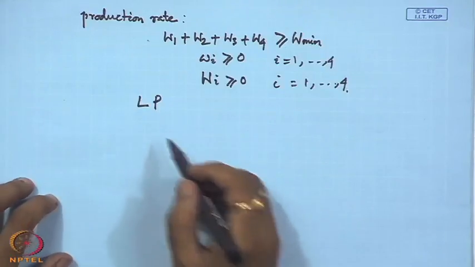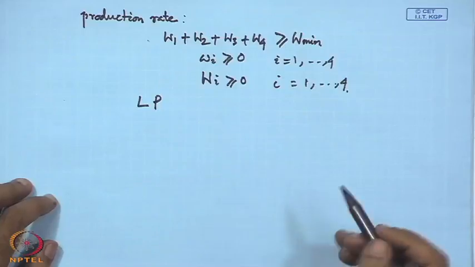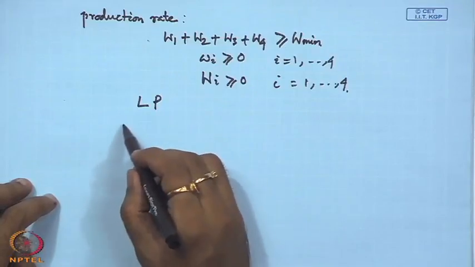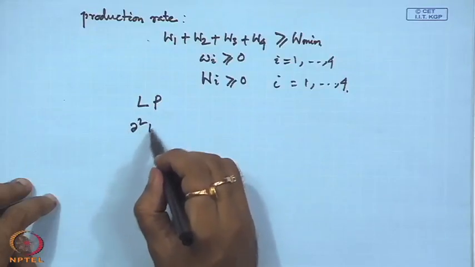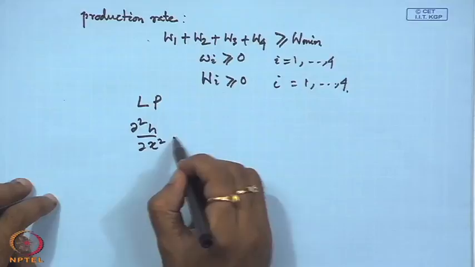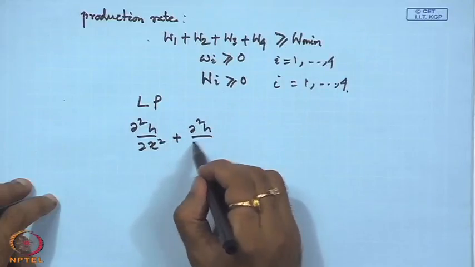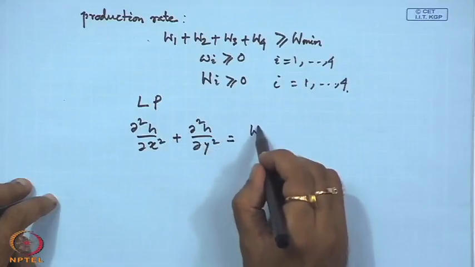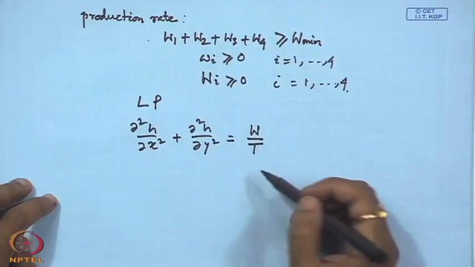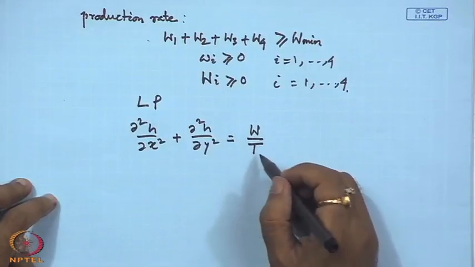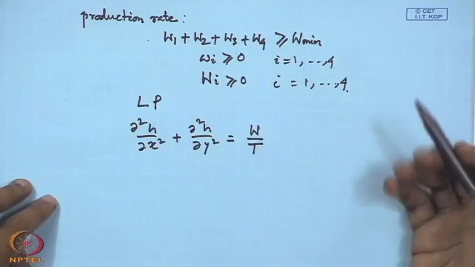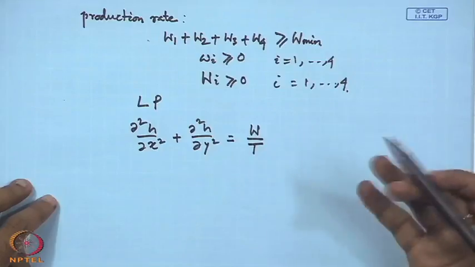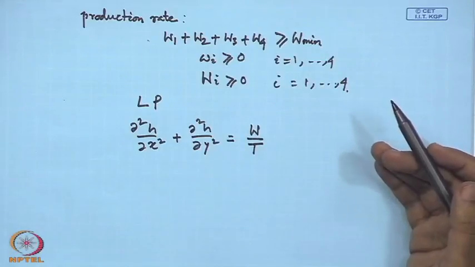So, for any steady state homogeneous confined aquifer system, the equation can be written as this. T has a single value because we are considering constant hydraulic conductivity over the two dimensional aquifer.